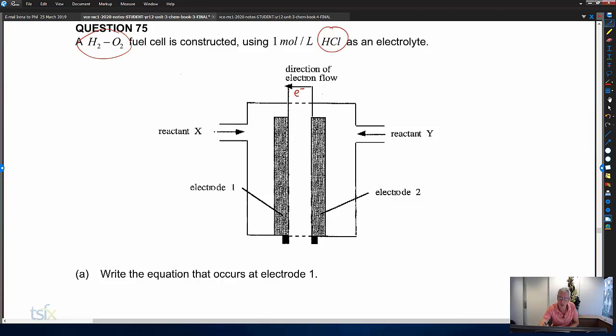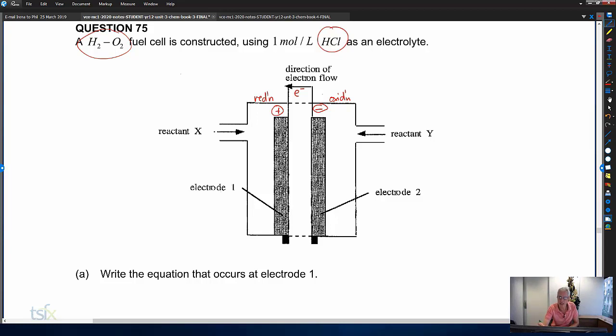So you know, without even looking at the question, that's got to be the negative electrode and that's got to be the positive electrode. Electrons will always go from where oxidation occurs, so there must be oxidation giving up electrons. There must be reduction accepting those electrons.